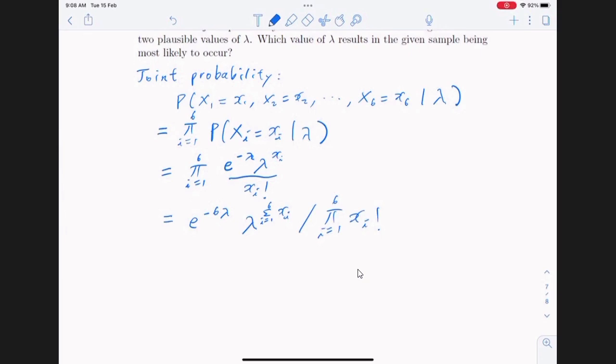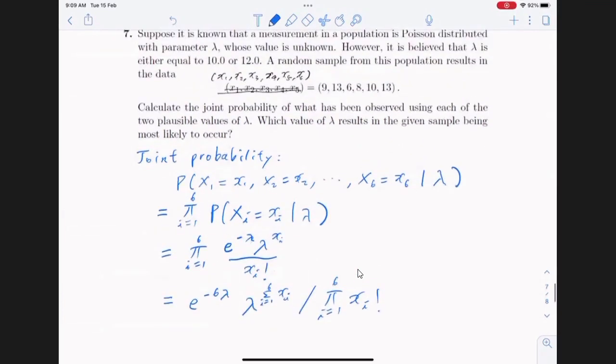Now we already have the sample. This is the sample given. We have x1, x2, x3, x4, x5, x6 equal to 9, 13, 6, 8, 10, 13. So that we can first compute this sum and also this product.